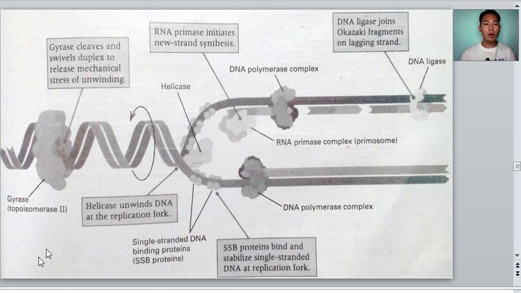Notice also this gyrase, also known as topoisomerase 2. This gyrase usually cleaves and swivels the duplex to release mechanical stress of the unwinding DNA strand.